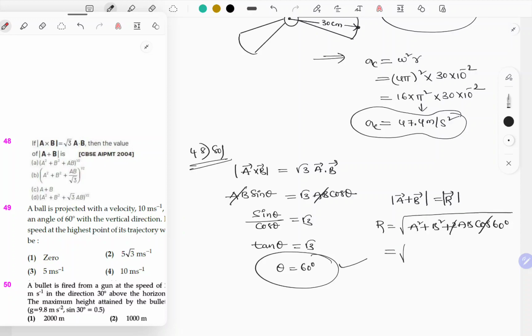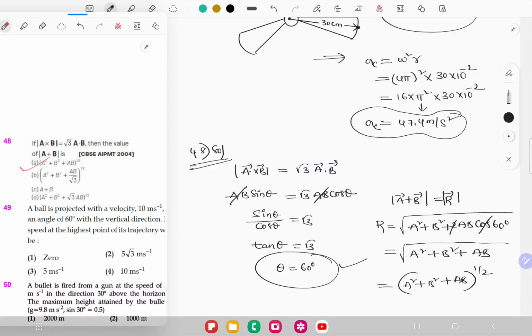The remaining answer we are left with is A square plus B square plus AB. Options are in the form of power, so it is A square plus B square plus AB whole power 1 by 2. This is the answer. Got it? Which option is correct? Option A.